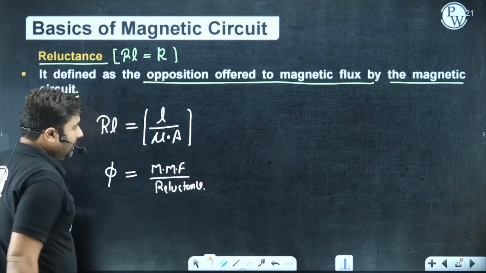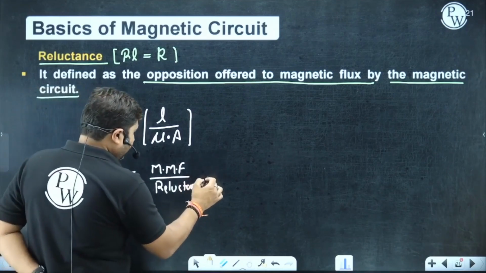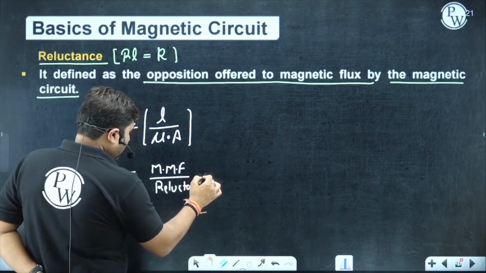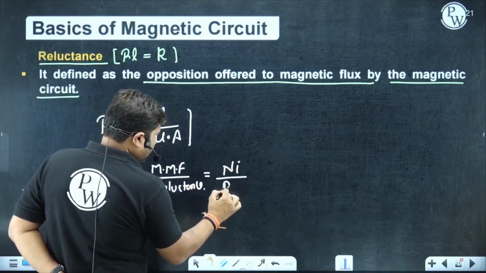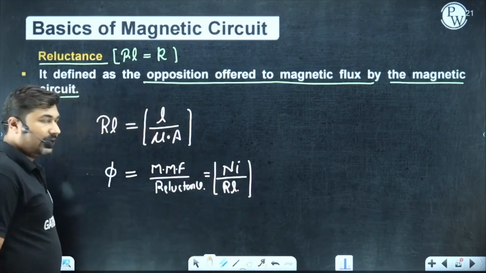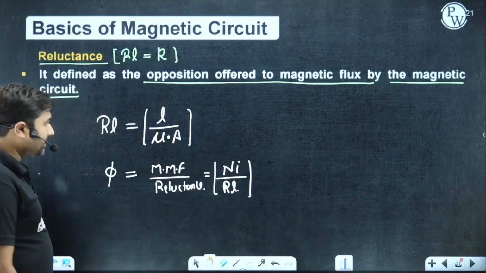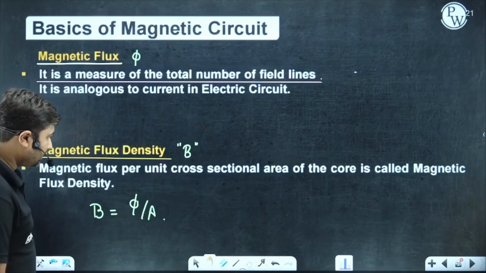Yes, sir, MMF upon reluctance. And we can represent it as Ni by reluctance. Is it okay? Yes, sir. So Ni by reluctance.